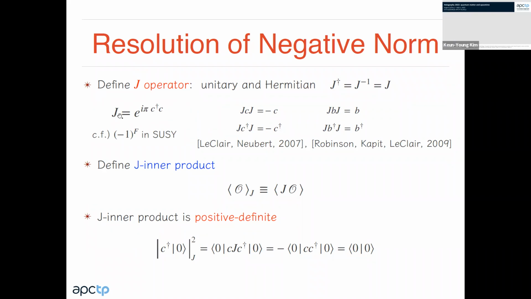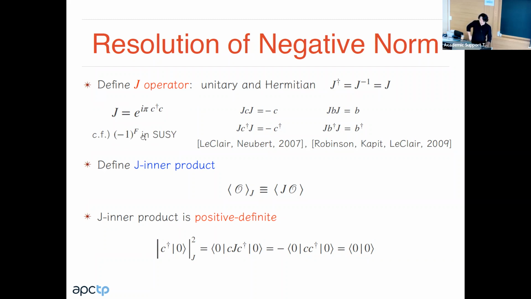Here you can introduce this J operator. Originally Lee and Wick and their collaborators introduced it, and actually they resolved it, so this is really based on their work.